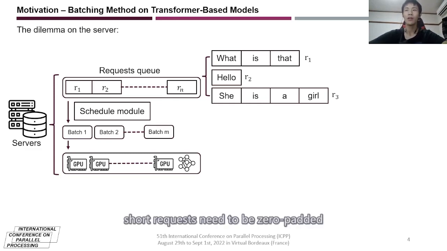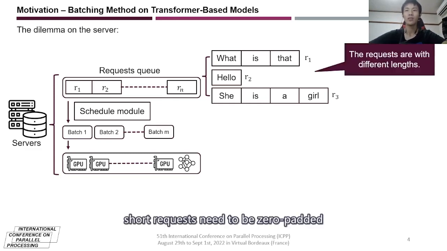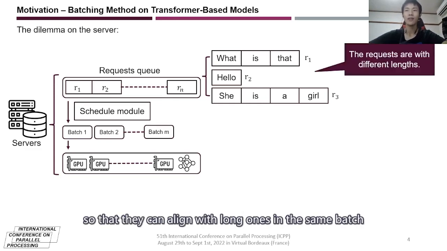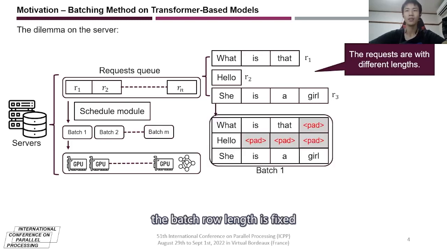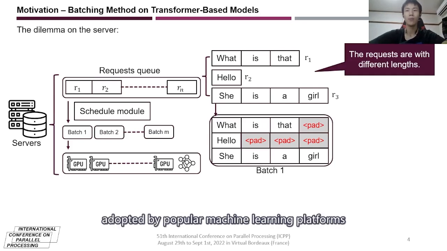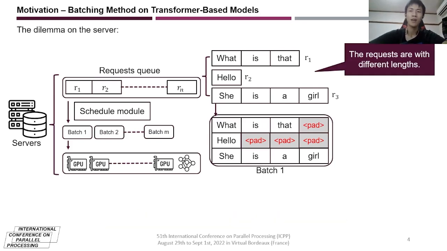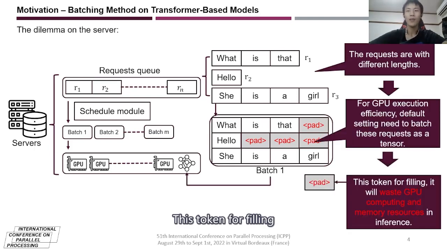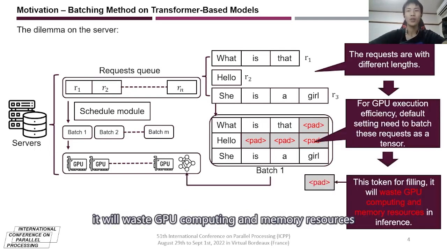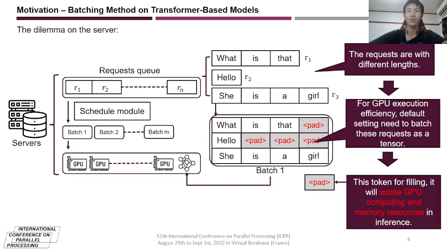When batching, short requests need to be zero-padded so that they can align with long ones in the same batch, and the batch row length is fixed and shorter requests are padded with 0. This is the default batching schedule adopted by popular machine learning platforms. This token filling will waste GPU computing and memory resources.